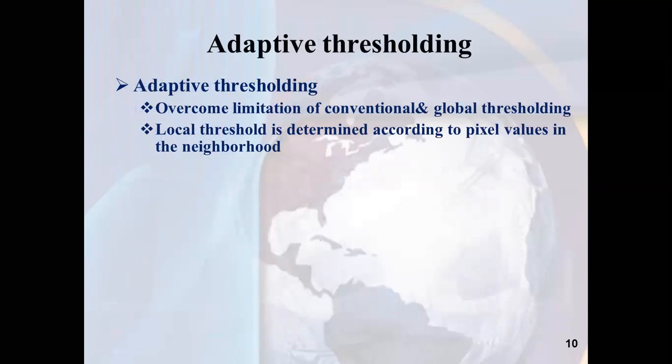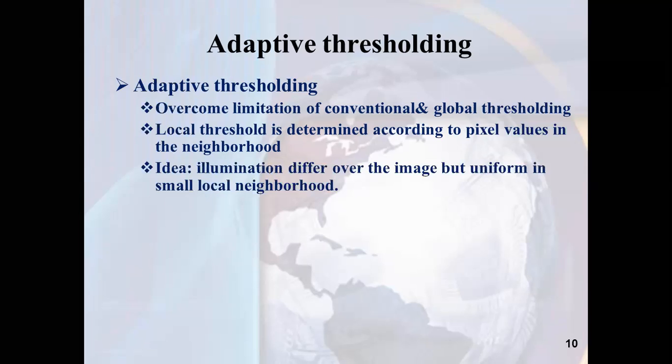Adaptive threshold value. Now we need to overcome the limitation of conventional global thresholding by applying a local threshold, which is determined according to pixel values in the neighborhood. Now, what is the problem here? We may have a dark region and a lighted region at the same time in the image, and we want to select the best threshold value in order to transform the image into a binary image.